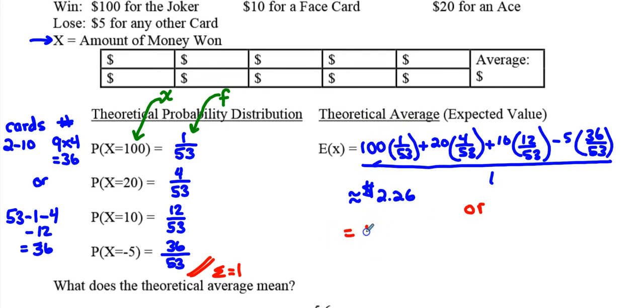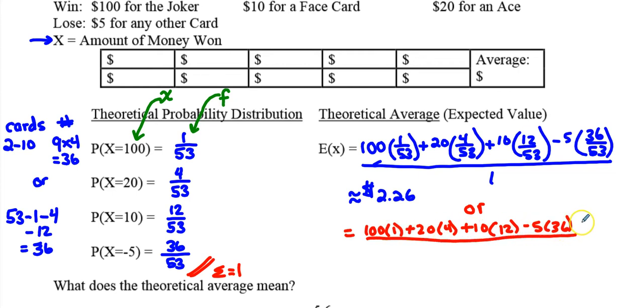So you would just take 100 times 1, which I'm sure you can just type in 100, plus 20 times 4, which I'm sure you could just type in 80, plus 10 times 12, which I'm sure you can just type in as 120, minus 5 times 36, and because they all have a denominator of 53, figure out what the numerator is, press equals, and then just divide by 53.